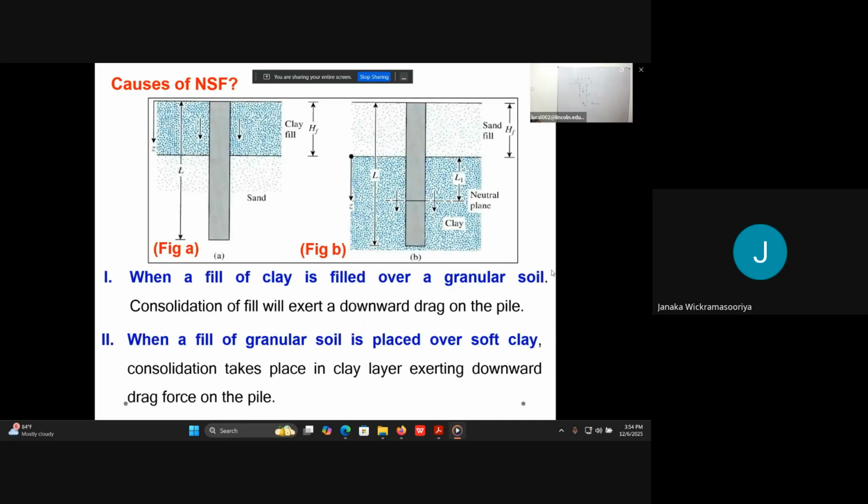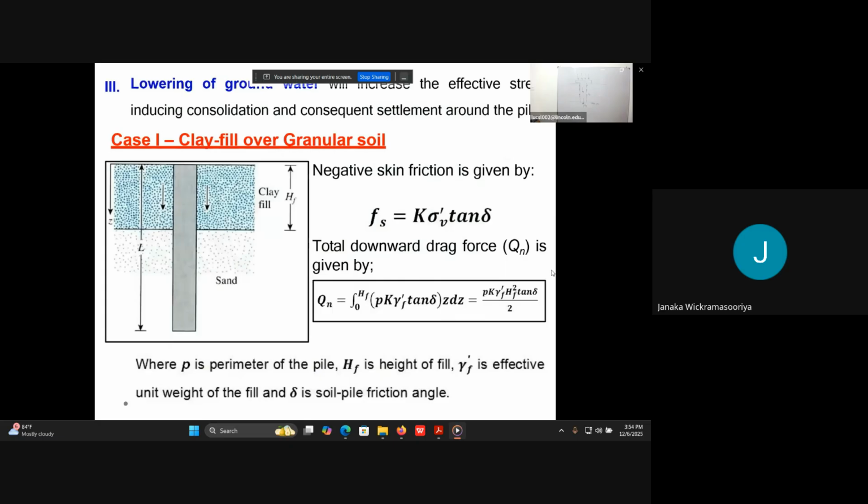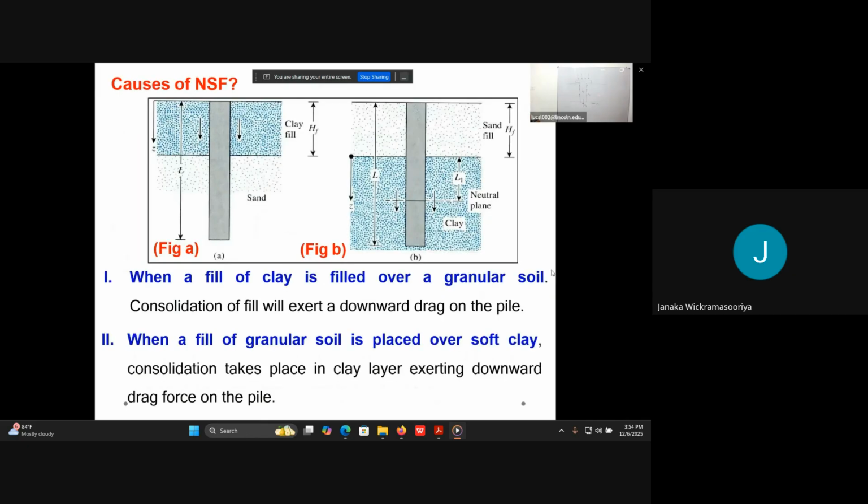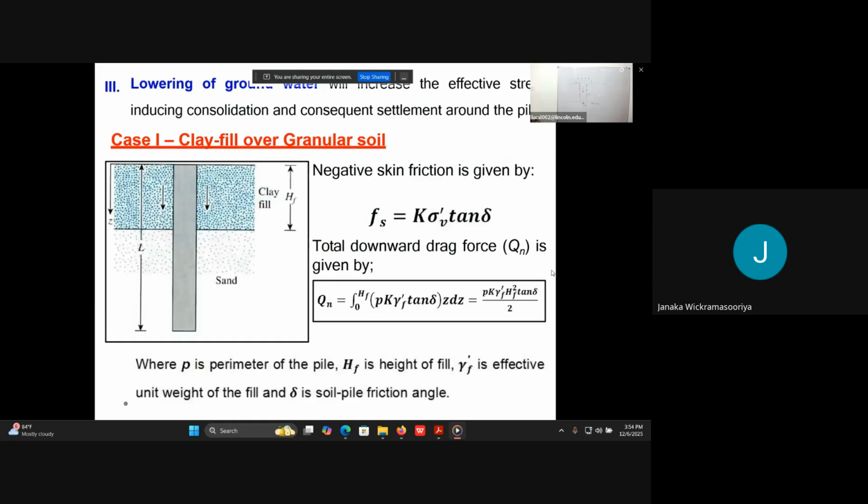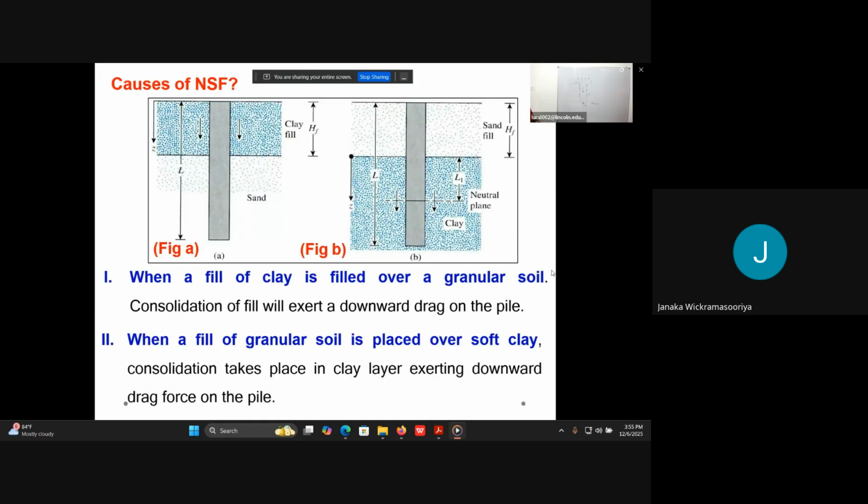And there are three main reasons for the negative skin friction. First one, when a layer of clay is filled over granular soil, here you have sand, and on top of that you have a clay area. Then with time, the clay layer settles.